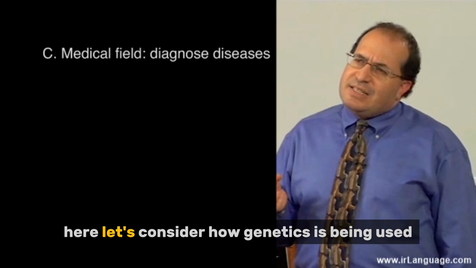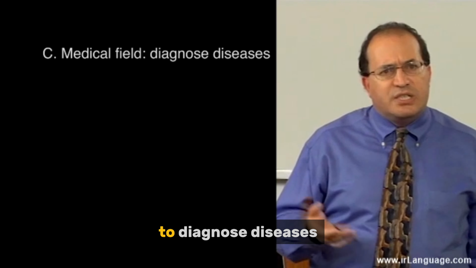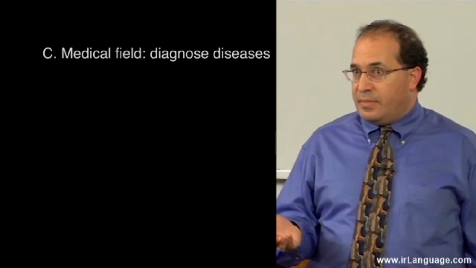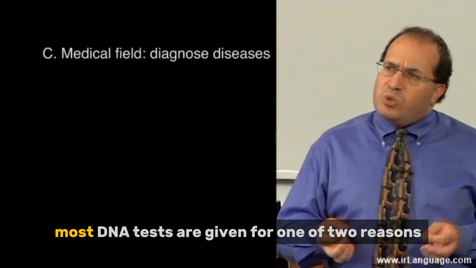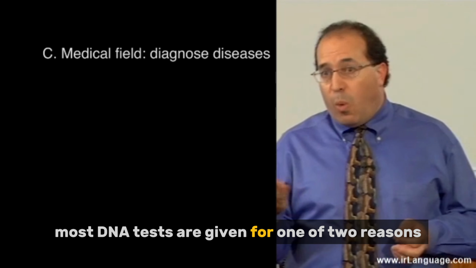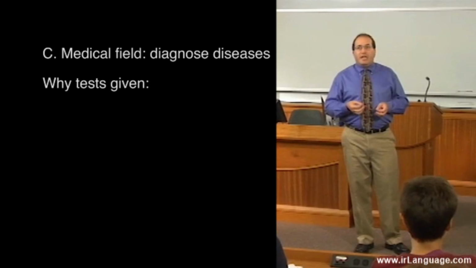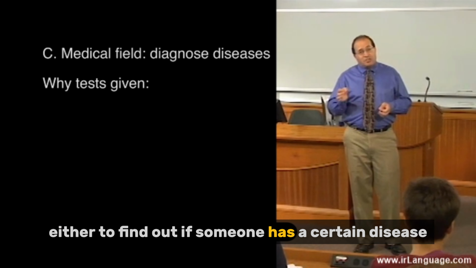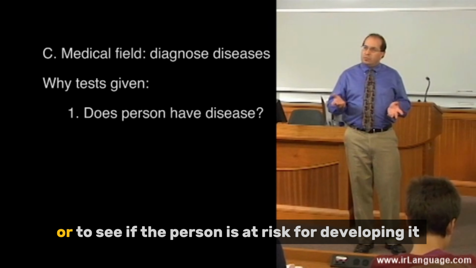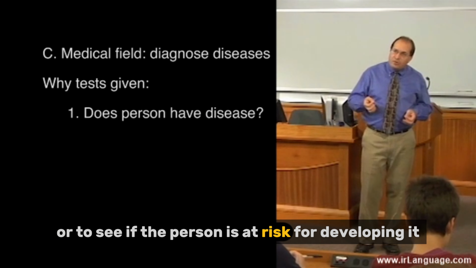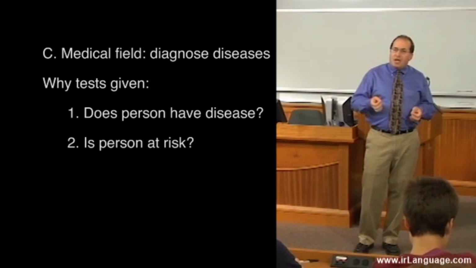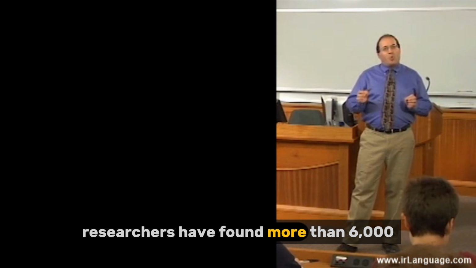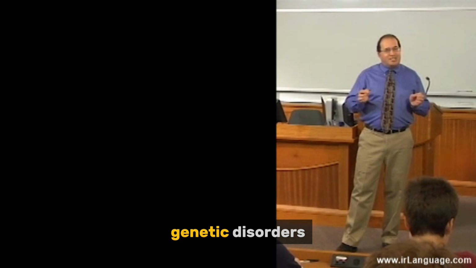Here, let's consider how genetics is being used to diagnose diseases. With diseases, most DNA tests are given for one of 2 reasons: either to find out if someone has a certain disease, or to see if the person is at risk for developing it. Researchers have found more than 6,000 genetic disorders.